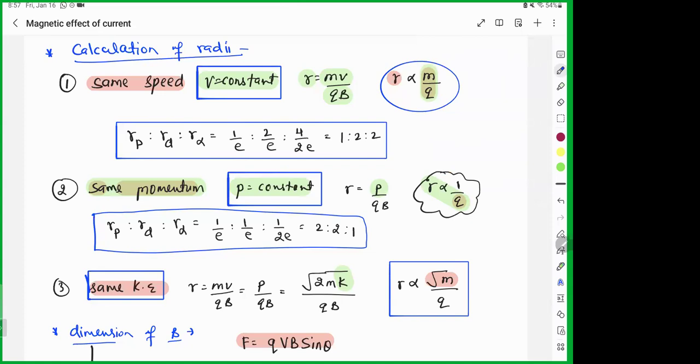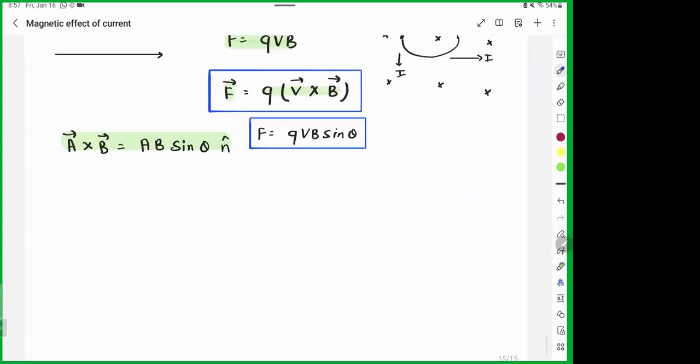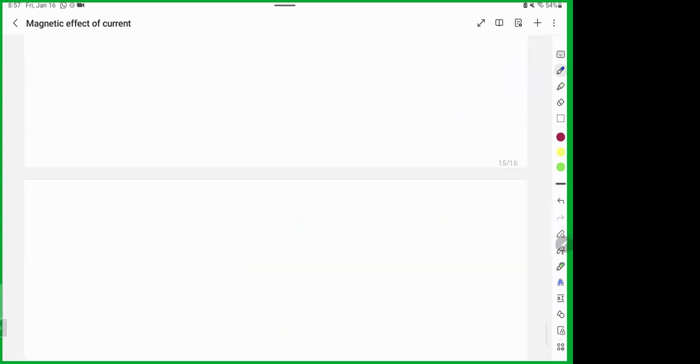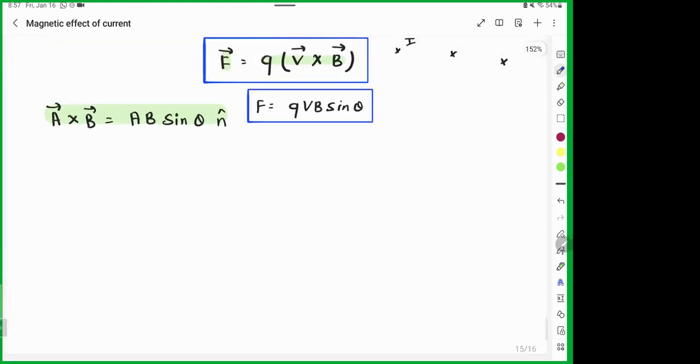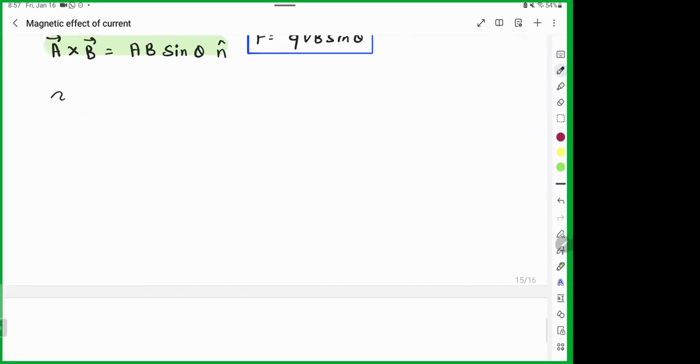Let me show you questions. Can you repeat it, sir? Yes. If you didn't write or you didn't understand, so you know. Okay, the last part. So you understood how we got R is equal to mv by qB.